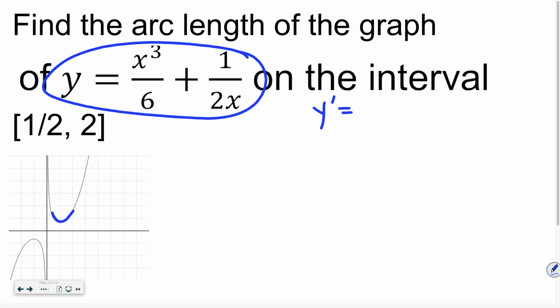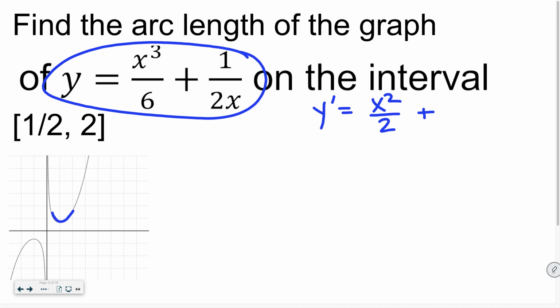So our derivative, x cubed over 6 goes to, let's try that again. x squared over 2. I know, we're mixing integration and derivatives at once. Derivation, is that the word?